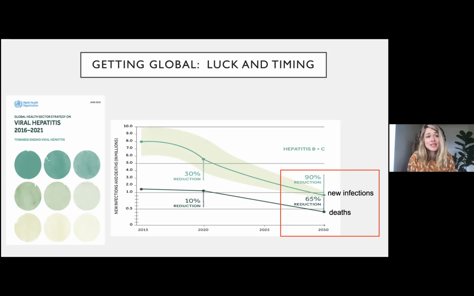That was really pivotal for me in taking my research to a global setting. I had been developing models looking at hepatitis C elimination for the UK, and we were able to very quickly expand and start applying them to other countries, meeting people and making connections that way.